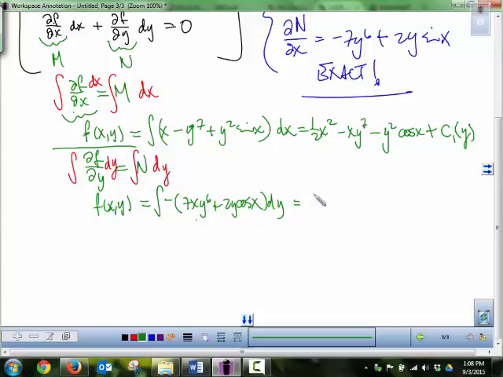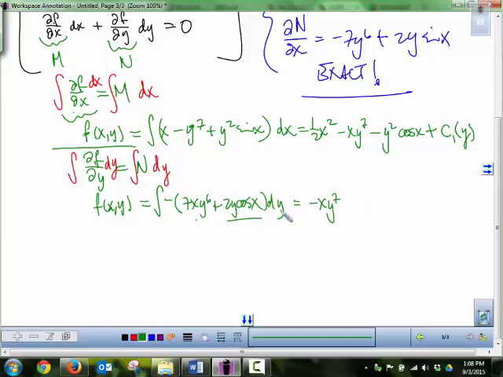So 7x is constant, y to the 7th over 7. Well, that would cancel the 7. And this also has a negative, right? All right. 7's cancel. We got a negative.